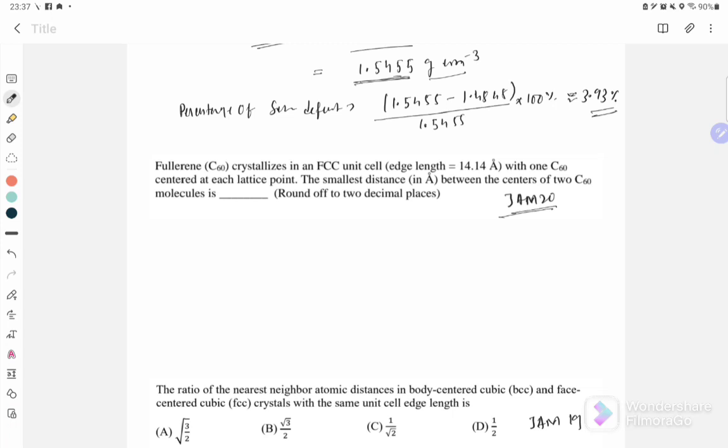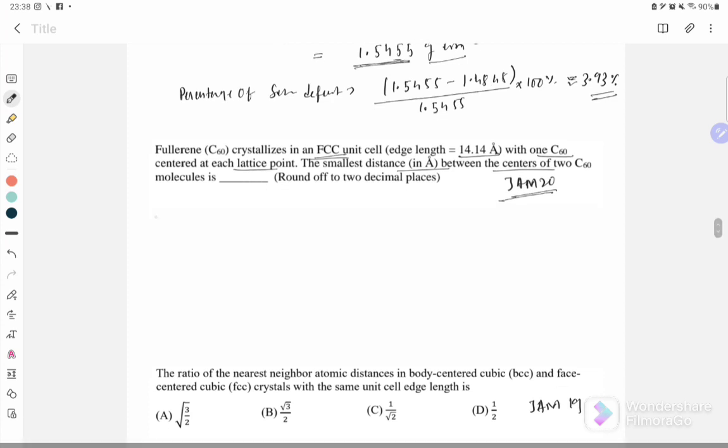The question is: fullerene C60 forms an FCC lattice, with the given edge length, with a C60 molecule centered at each lattice point, and we need the smallest distance between the centers of two C60 molecules.